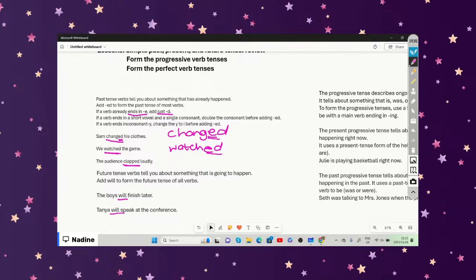And that is basically our simple past and simple future tense. Within the past, we add an ed to show the past tense verb, or if the verb already ends in an e, we just add a d.